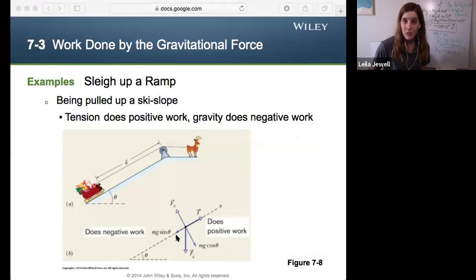You just, in that case, would use cosine of 180, because now you're just using the part of the force of gravity that's doing negative work. So if in doubt, you should try it out and check that it does in fact work. I dare you to. Right? This wraps up section 7.3, the work done by the gravitational force.